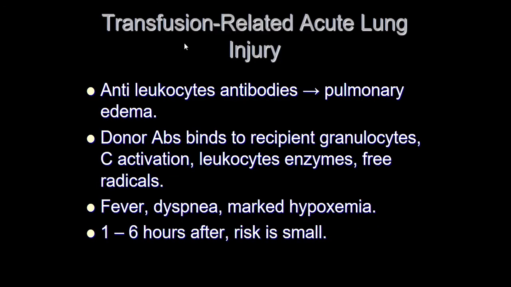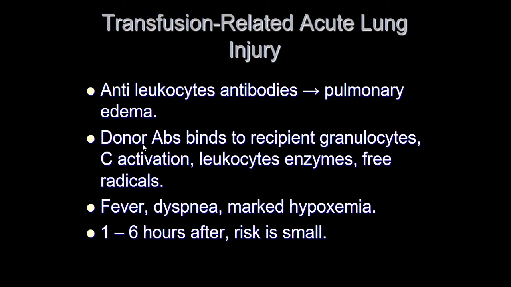So a transfusion related acute lung injury sometimes could take place. It happens when you have anti-leukocyte antibodies, and this could be responsible for pulmonary edema that could take place in the recipient.